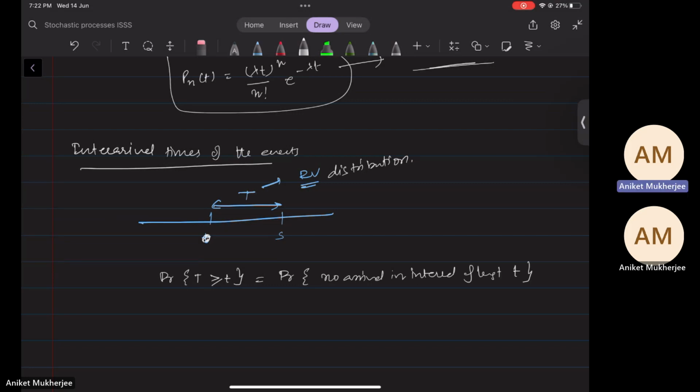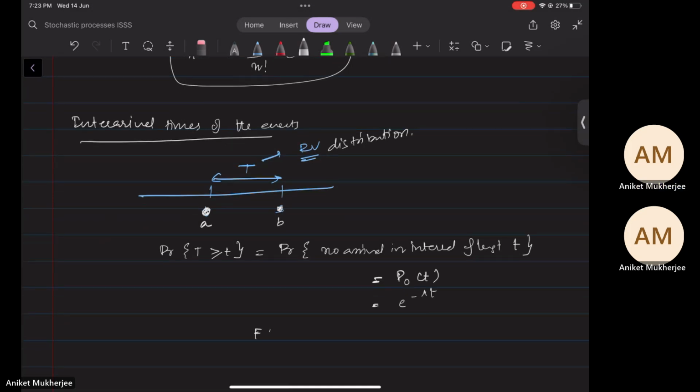Probably this is confusing, so let this be A and let this be B. An event has occurred in A and an event has occurred in B. The time between those two is capital T. What I'm saying is that the inter-arrival time is greater than some number t, so no arrival should occur in the interval of length t. This is just P0(t), and this is equal to e to the power minus lambda t.